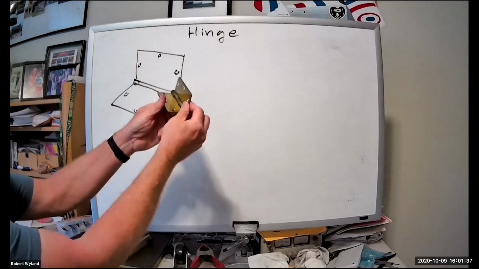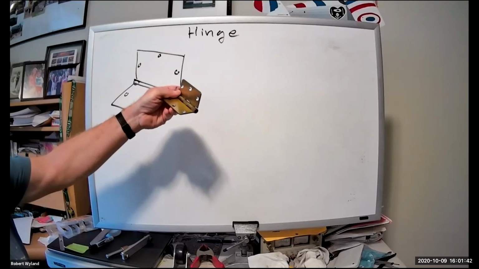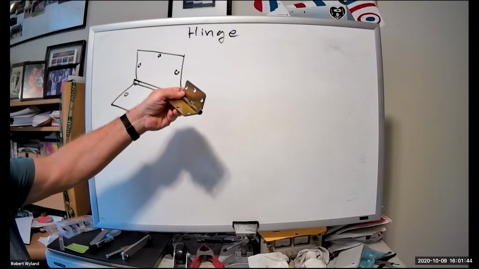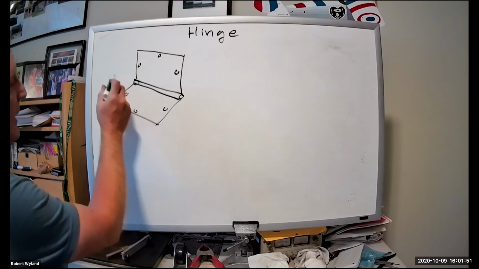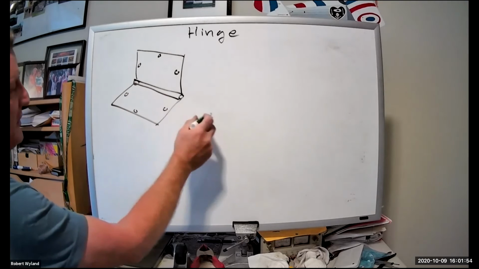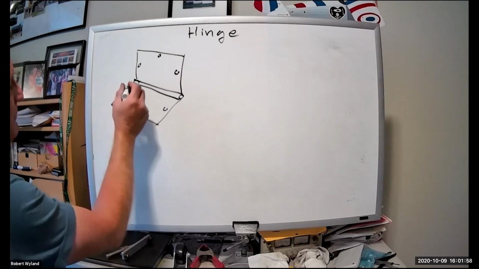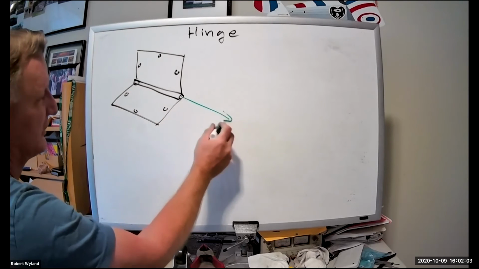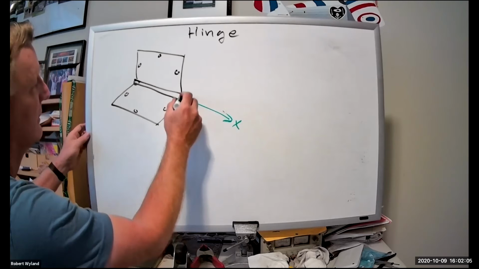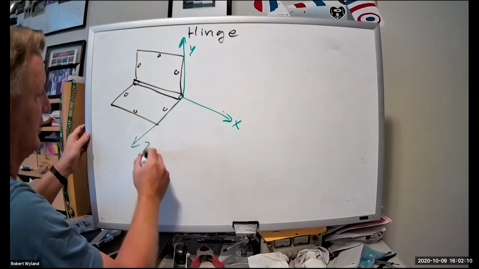So this is our hinge. And let's examine each of the three dimensions. So let's first, as somebody said, let's define our dimensions. Again, we want, if we can, some axis along this pivot point. And so I'm just going to arbitrarily assign this to be X, Y, and Z.